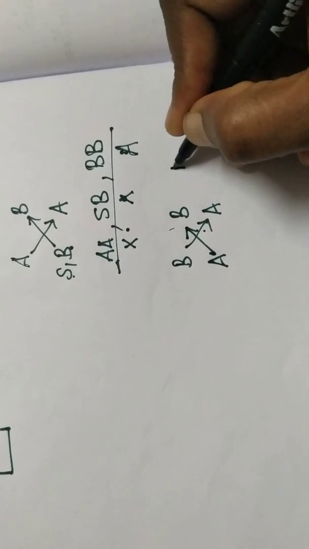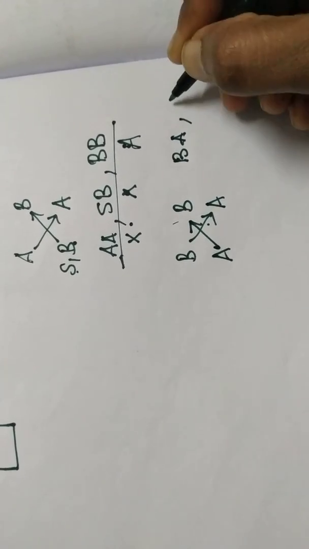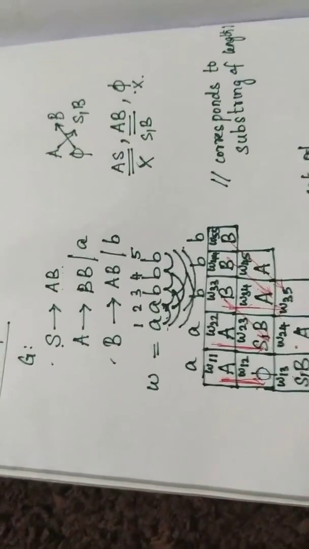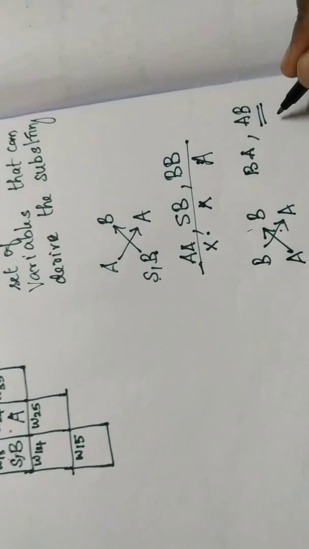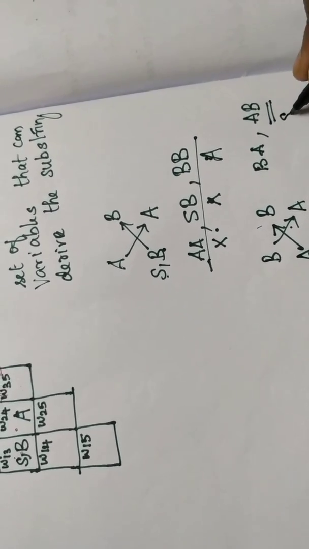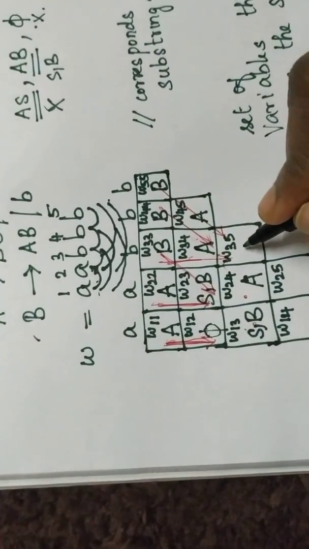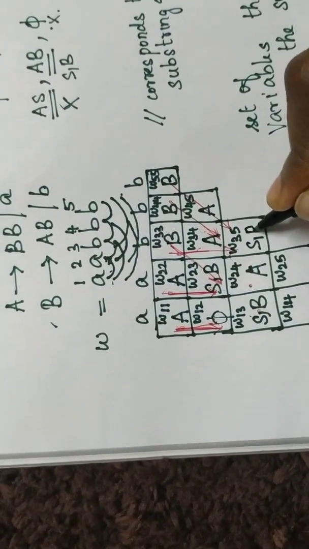So when we combine this, we will get BA and AB. From the grammar we know that AB alone can be derived by variables S and B. So this cell can be filled by S comma B.